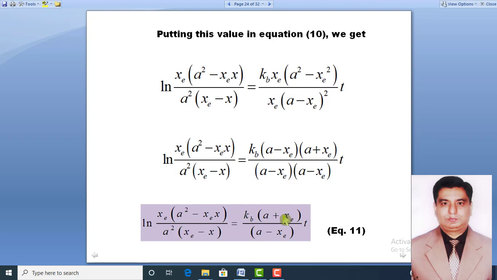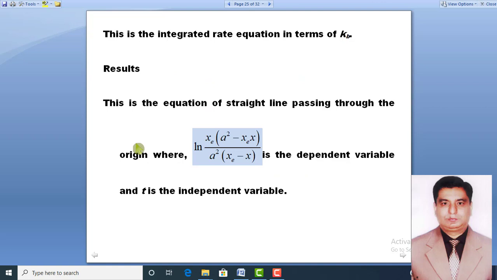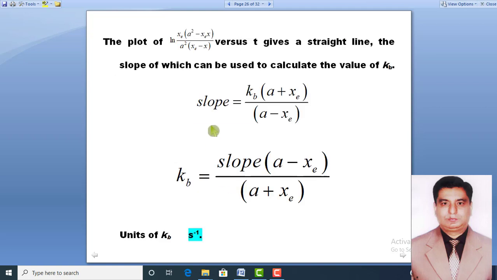So here will be a plus xc divided by a minus xc. Dear students, again this is the integrated rate equation. So again the same results. Equation of a straight line passing through the origin. Log natural values are dependent and time is independent, and the slope will be equal to kb into a plus xc over a minus xc, and kb will be equal to slope into a minus xc over a plus xc.